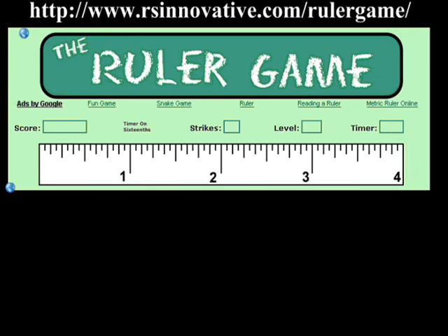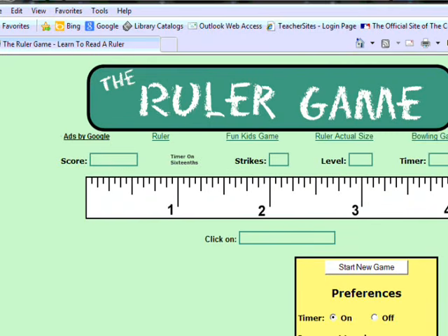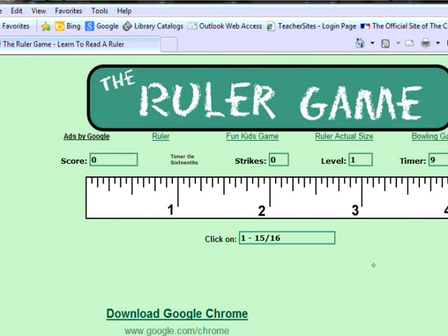Now the last thing I'm going to show you is a website you can go to practice. It's a lot of fun. It's called the Ruler Game. You can Google the Ruler Game, or this is the address if you want to type that in. And it's really fun. We can take a quick look at it here. What you do is, I'm going to start a new game.